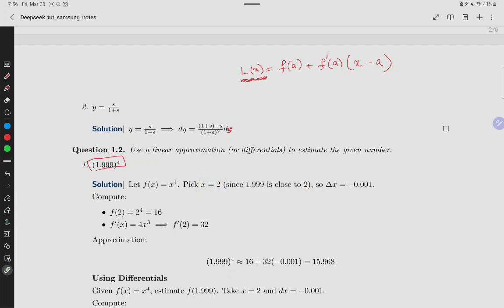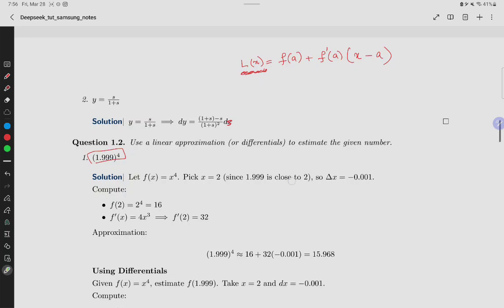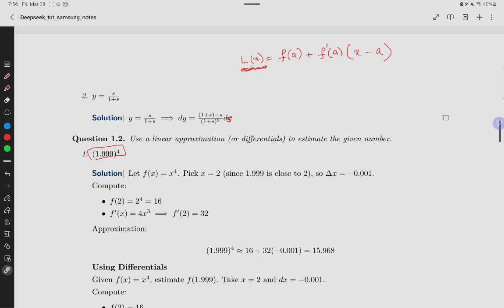So if x is 2, then del x is the new x minus 2, which is minus 0.001, so that x becomes 1.999. This is what we need.